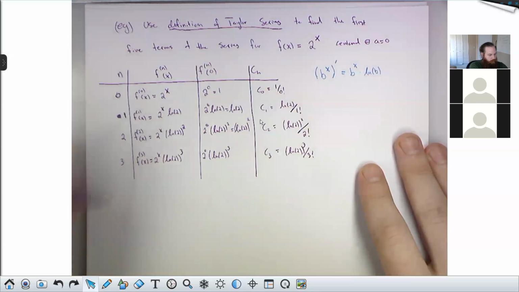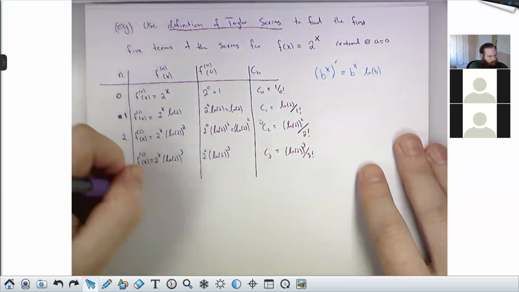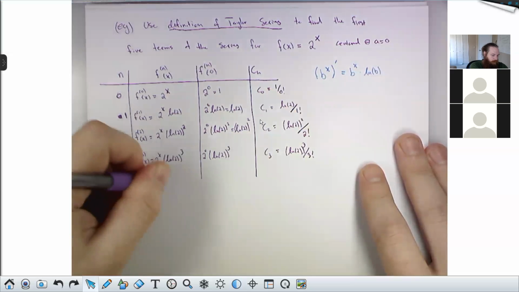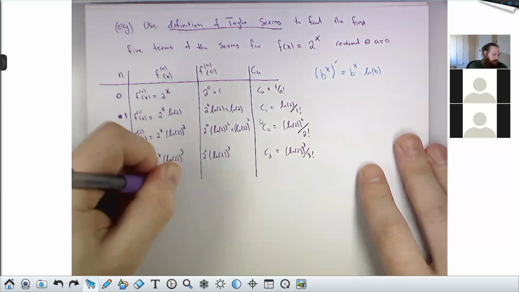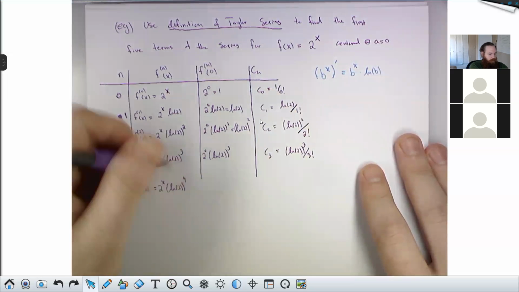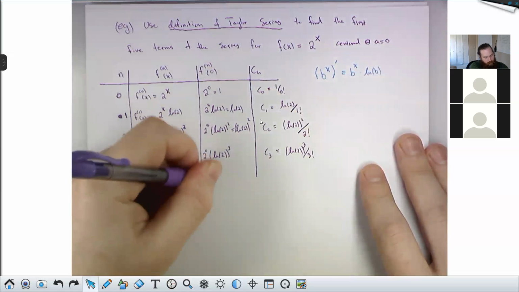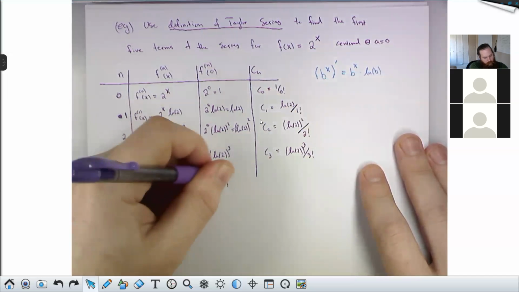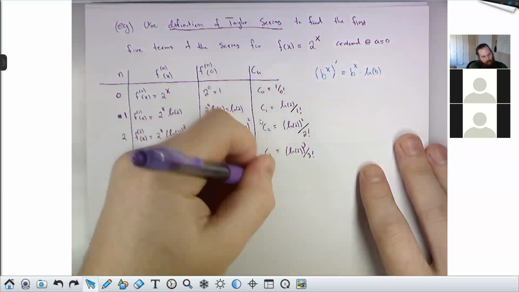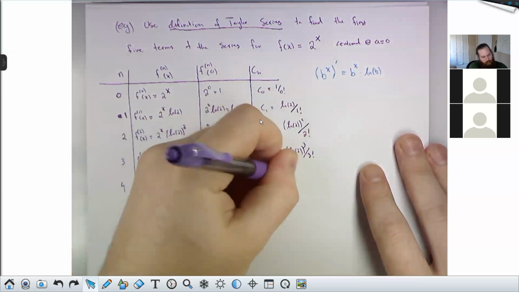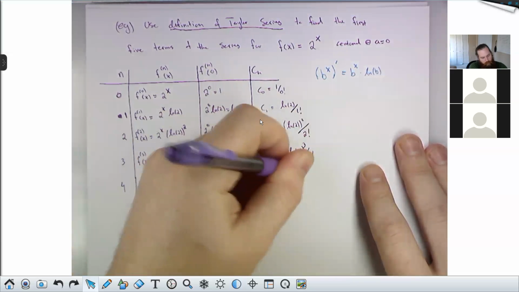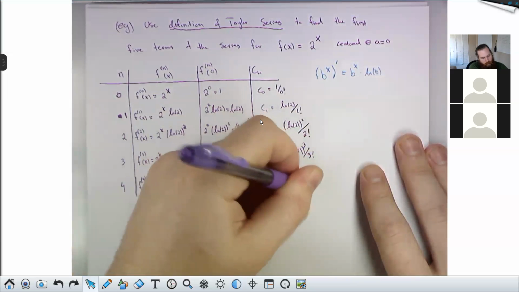And I can even say what this will be in general real quick, though, because all we asked for was the first 5 terms. The fourth derivative would be 2 to the x times the natural log of 2 to the 4. So this would be 2 to the 0 times ln 2 to the 4. So C4 is natural log of 2 to the 4 over 4 factorial.